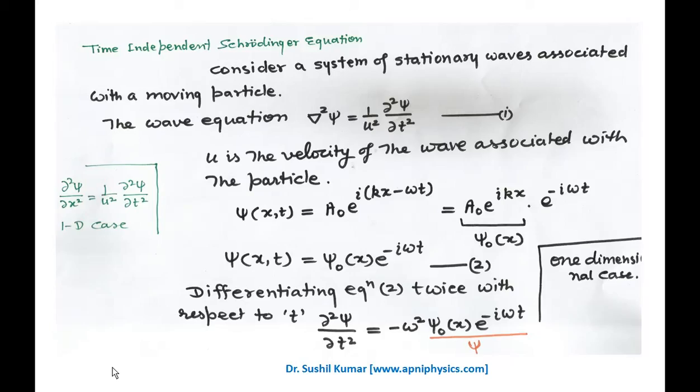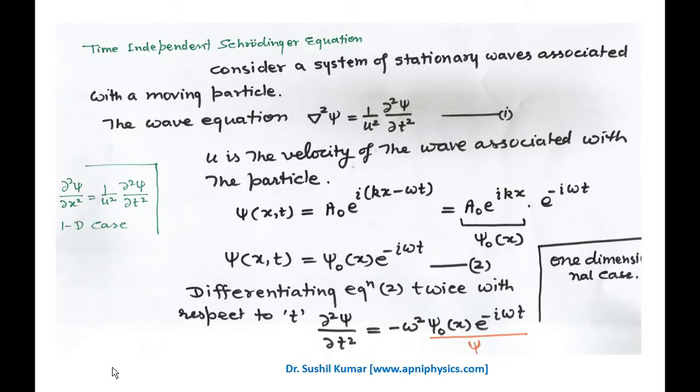Because of that, one can find out the energy state of that particular material particle in a microscopic system, right? So what will be the momentum, what will be the average position, what will be the energy state, all this information about the particle one can find out using the Schrodinger equation.